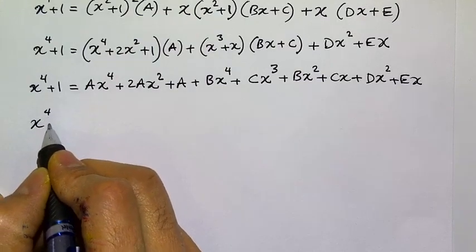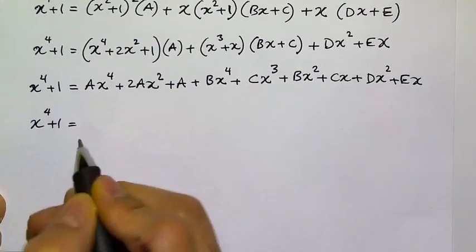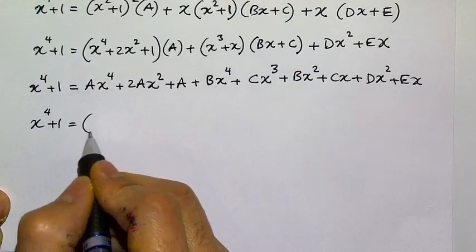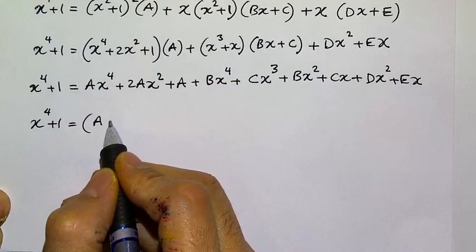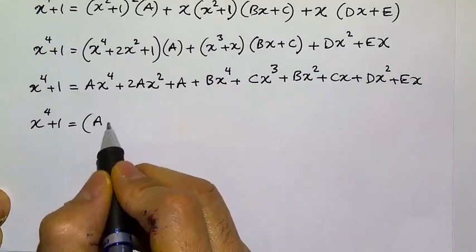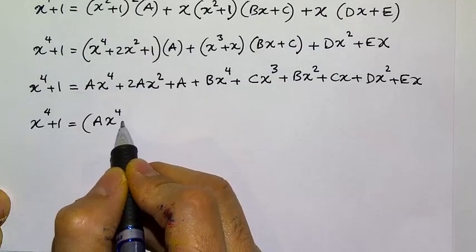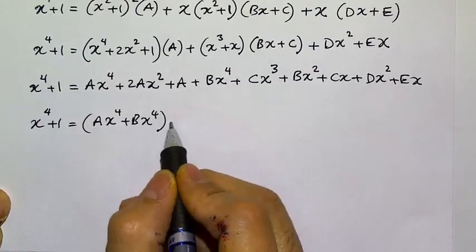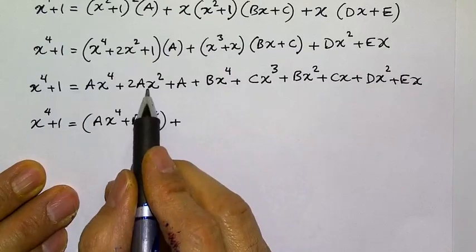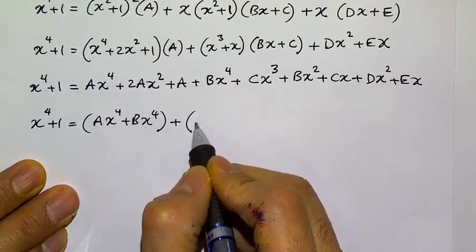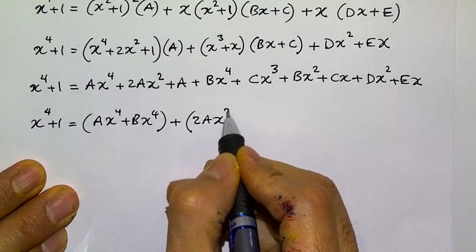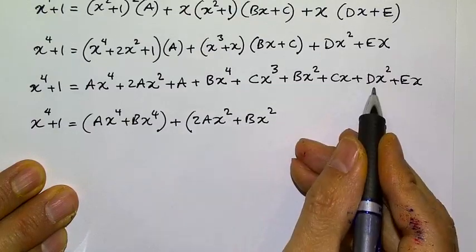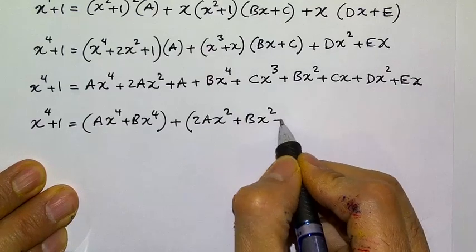So x to the fourth plus 1 equals, these two grouped together, we have ax to the fourth plus bx to the fourth, right? Plus the x squared terms. We have 2ax squared plus bx squared plus dx squared, right?